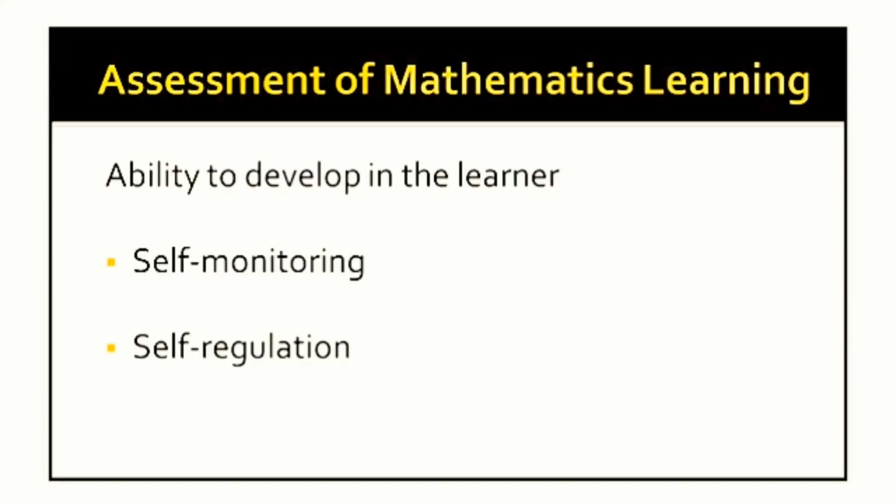Assessment should give feedback whether learning objectives are achieved or not. Then learning objectives should be the base for instructional strategies, and instructional strategies should be designed on the feedback of the assessment, and assessment should tell us what kind of instructional strategies we should design for the learner. So this will help the student to self-monitor and to self-regulate his learning.